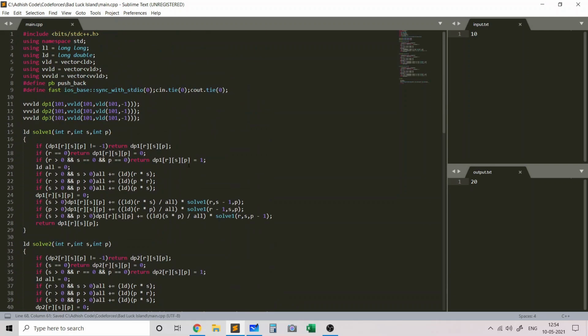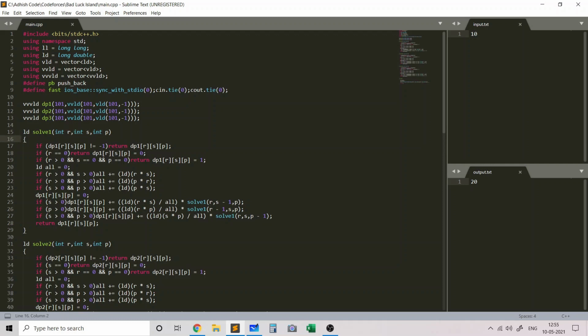So let's look at each of the functions. Each of the 3 functions is almost identical, so I'll explain one in detail and go over the others faster.